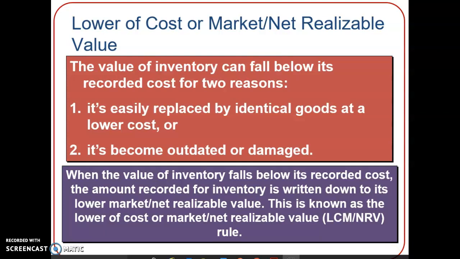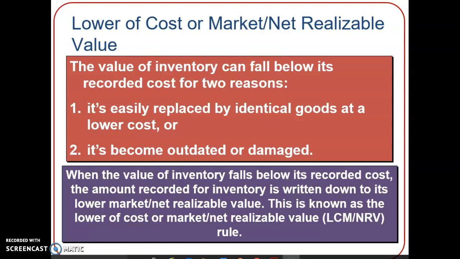So the principle says if the value of the inventory falls below its recorded historical cost, then we have to write down the cost or the value to its market or net realizable value.